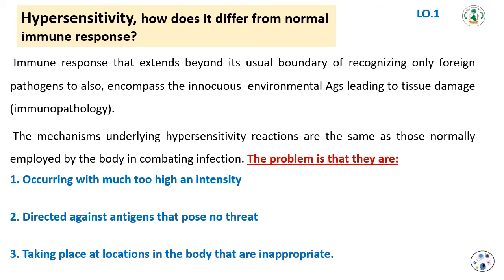The mechanisms underlying hypersensitivity reactions are the same as those normally employed by the body in combating infection. The problem is that they occur with much too high an intensity, directed against antigens that pose no threat, taking place at locations in the body that are inappropriate.